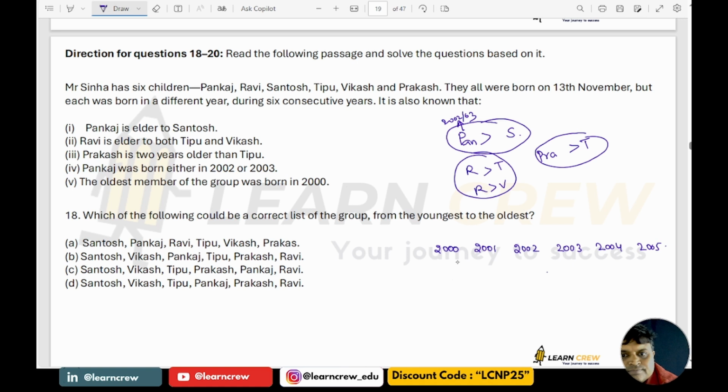Right. Which of the following could be a correct list of the group from the youngest to oldest? So if you see here, what is the answer? Question number 18. Youngest to oldest. Who can be the youngest? Please read once again and try to answer.